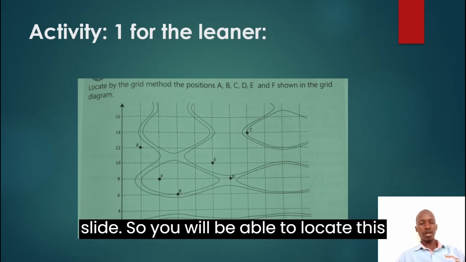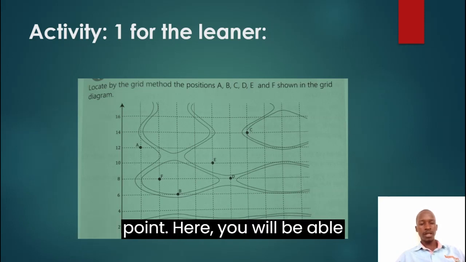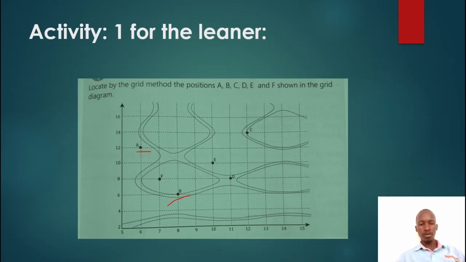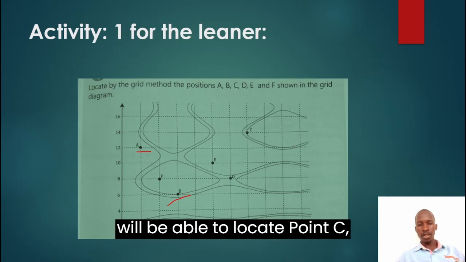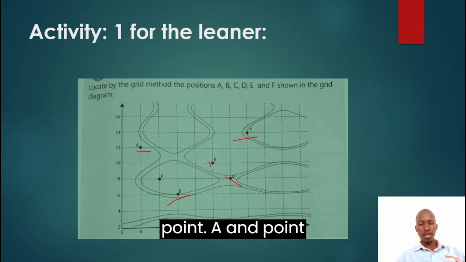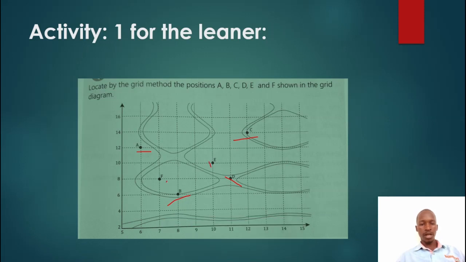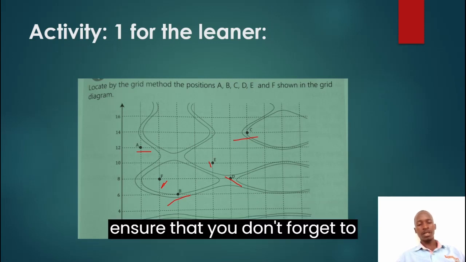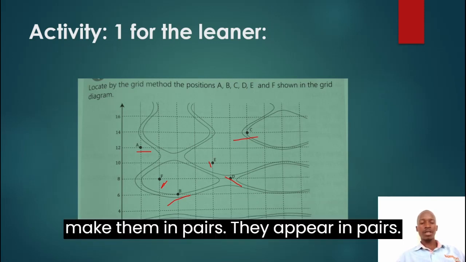So you will be able to locate point A, point B, point C, and you will be able to locate point D, point E, and point F. What I can say is that ensure that you don't forget, make them in pairs.